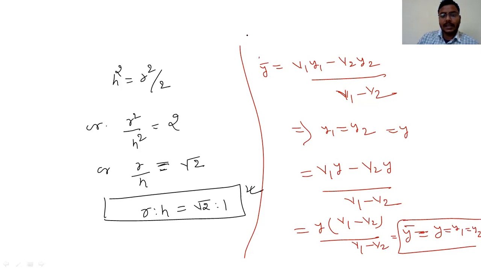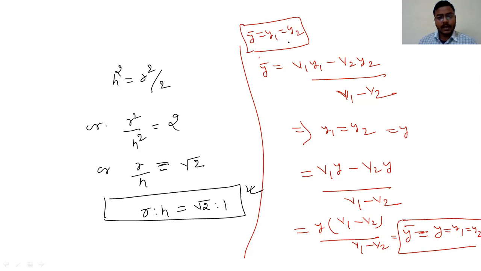So whenever you see that there are three sections, in the case of the whole, the missing part, and the combined figure, if their centroids are the same, we will get the same centroid for the combined figure also.